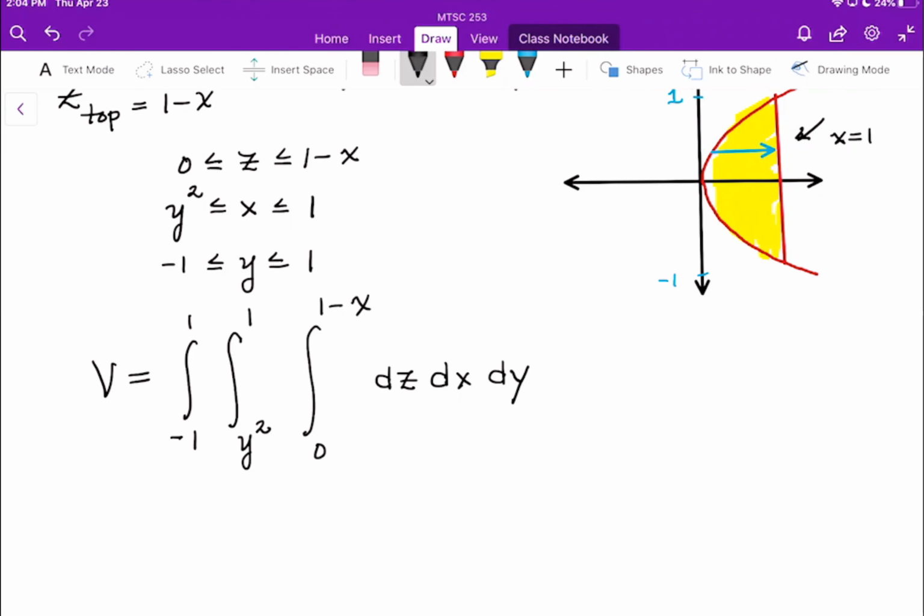And this turns out to be 8/15. Now, I could have done it a different way, but by far, that's the easiest way to do it.